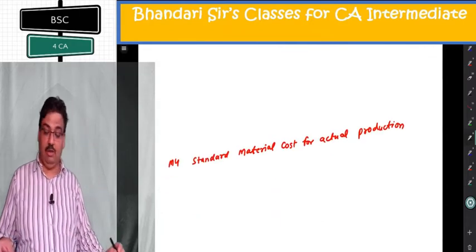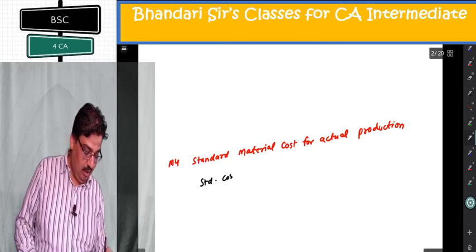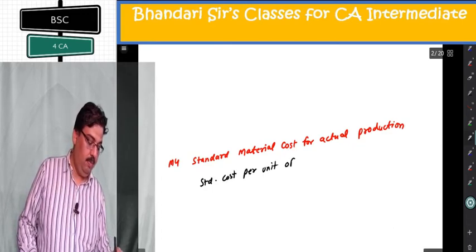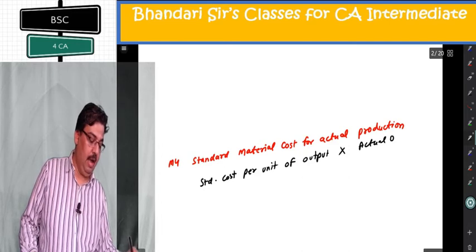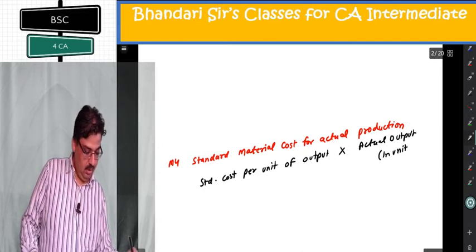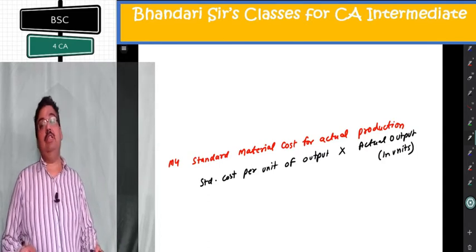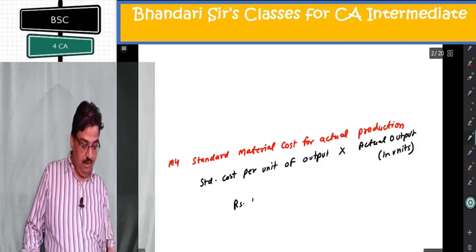M4, standard cost for actual production. Standard cost per unit of output multiplied by actual output in units. Here it is 5 kg at the rate of 9 per kg, rupees 45 per unit.